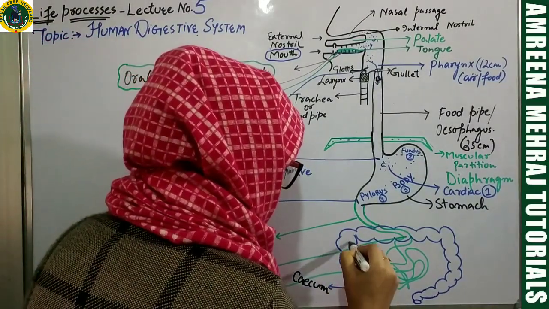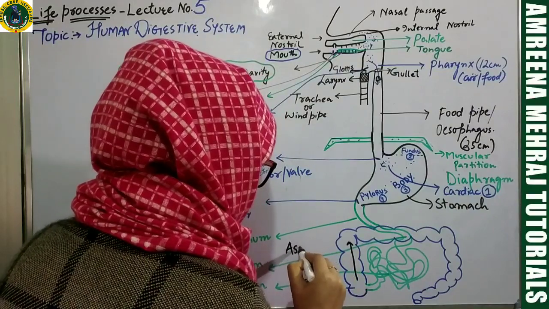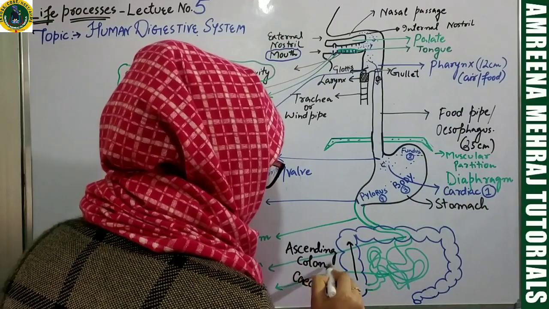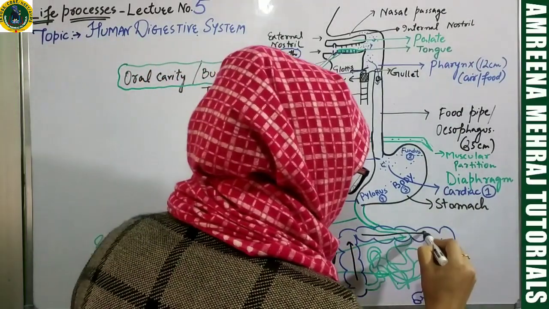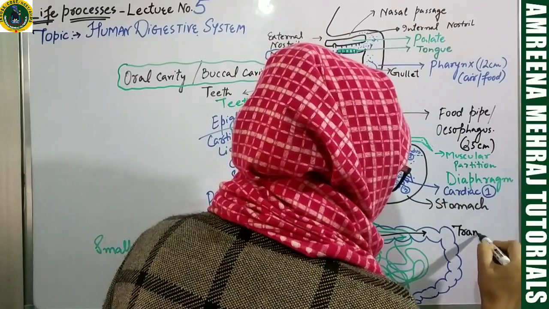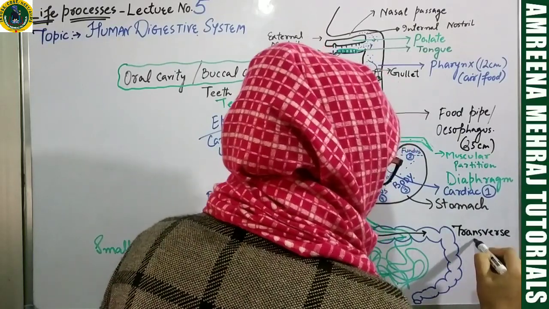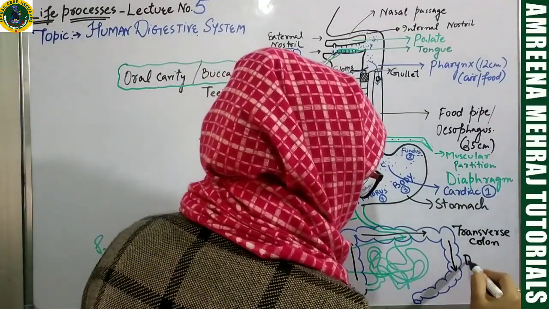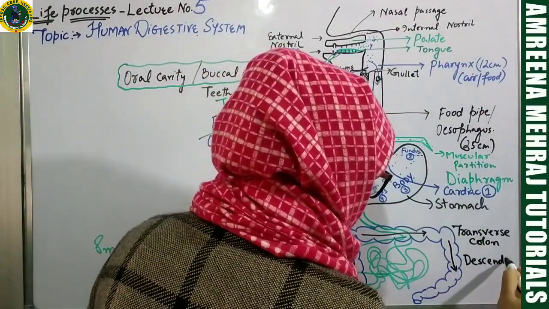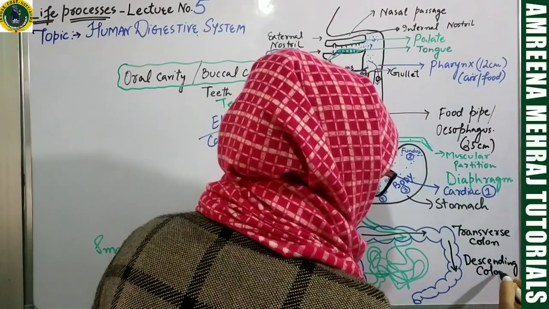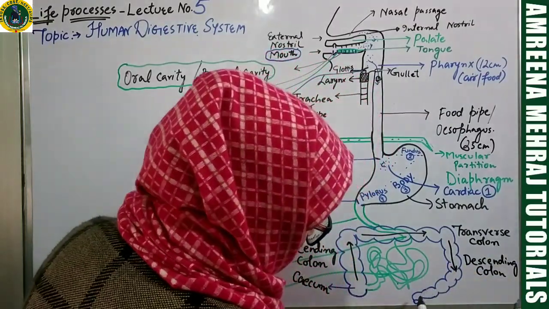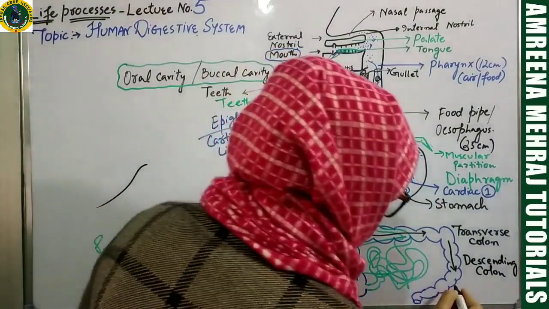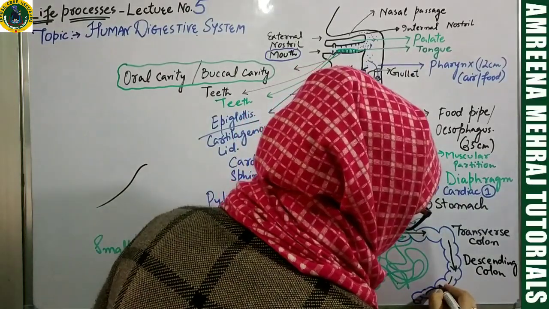This part is the ascending colon. This part is the transverse colon. This part is the descending colon. This is slightly representing an S, slight S, like this. That's why we call this part, what do we call this part?